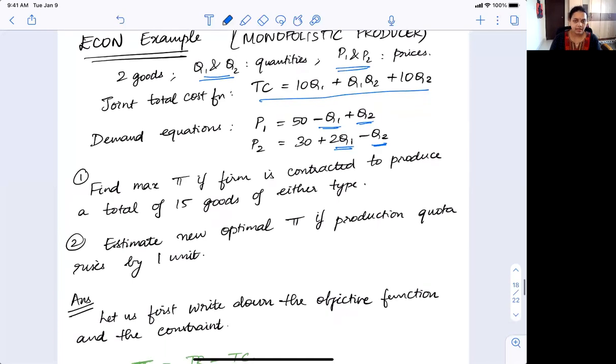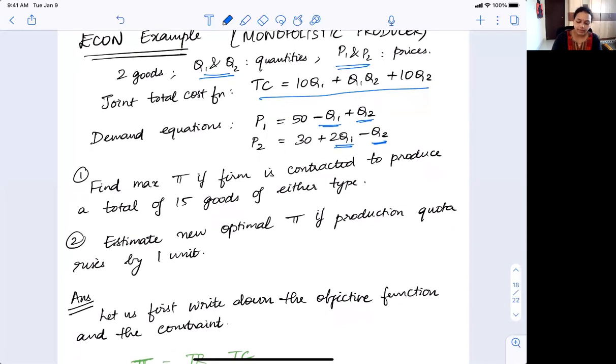So we have two demand functions. Now we're asked to find the maximum profit if the firm is contracted to produce a total of 15 goods of either type. So we want to maximize profit, but then there seems to be some sort of a condition that follows the find maximum profit part of the question. And so the firm is contracted to produce a total of 15 goods of either type.